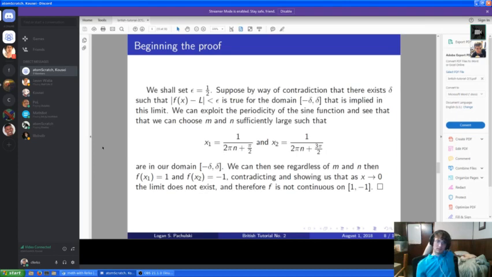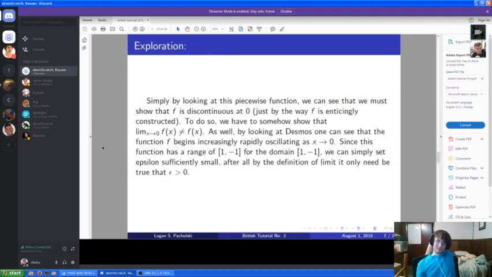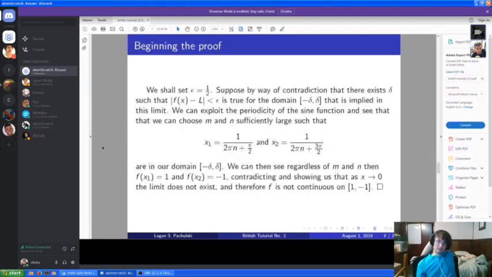As I try to go up a slide. So our contradiction here was that we were attempting to show that there does not exist a delta such that this is true for an epsilon of 1/2.